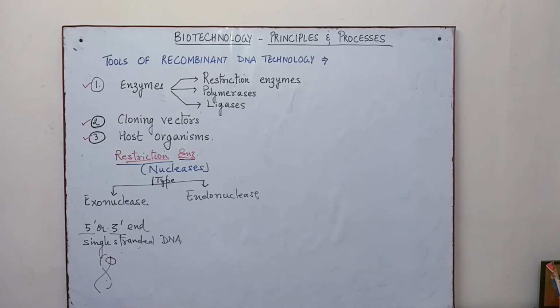Coming to the endonucleases, these are enzymes that cut the double stranded DNA at any point.